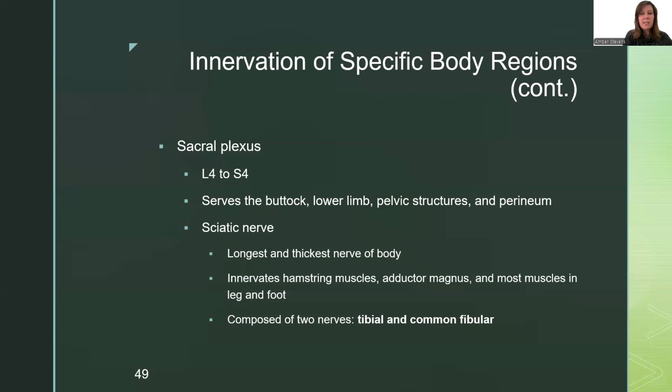And the sciatic nerve divides into the tibial nerve, which serves the posterior leg and the sole of the foot, and the common fibular nerve, which controls the anterior and lateral leg. So, injury to the sciatic nerve can result in sciatica, which is characterized by pain radiating down the leg.